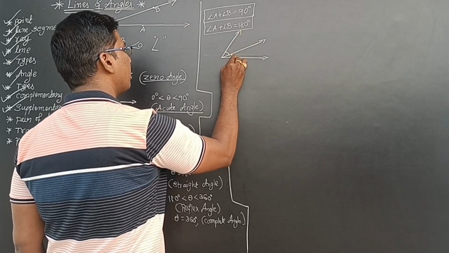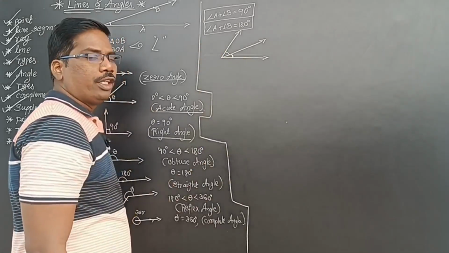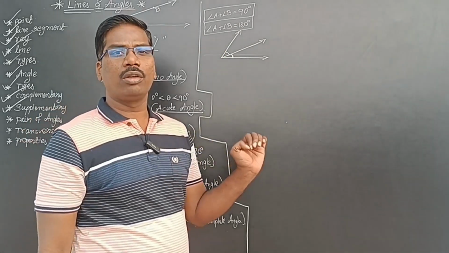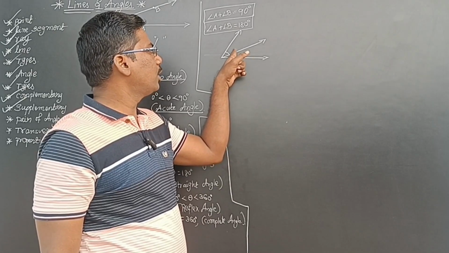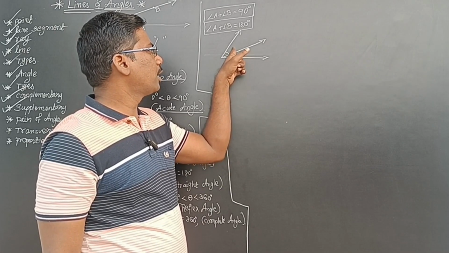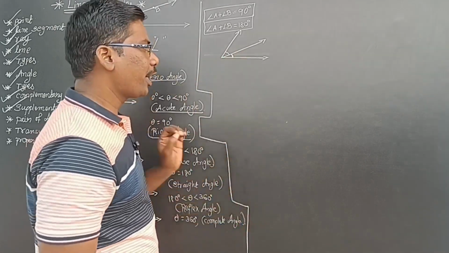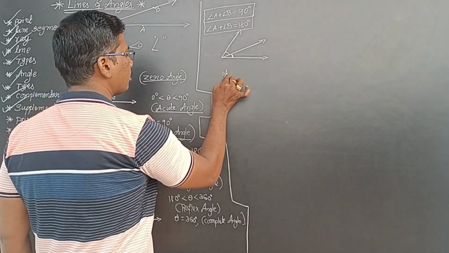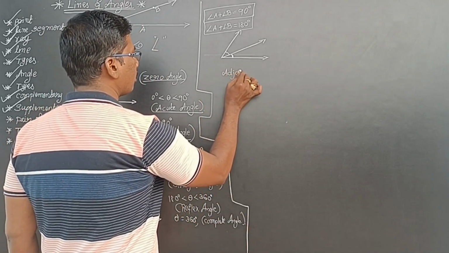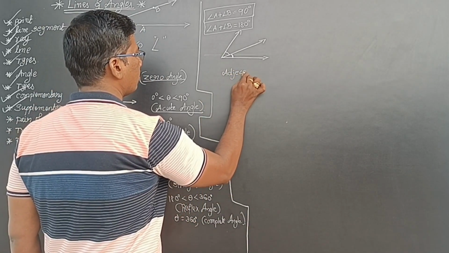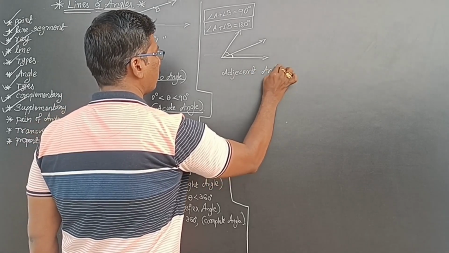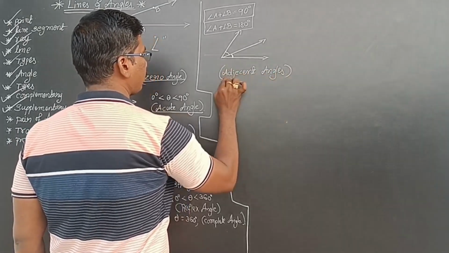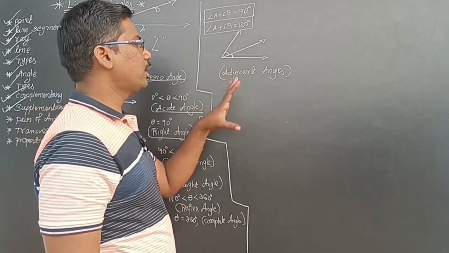These two are a pair. If you observe clearly, those are adjacent to each other. So these are called adjacent angles.